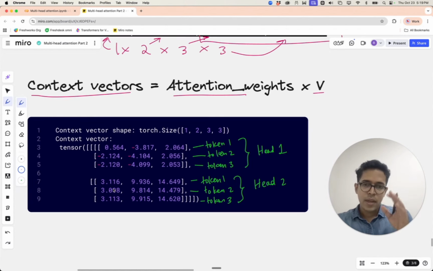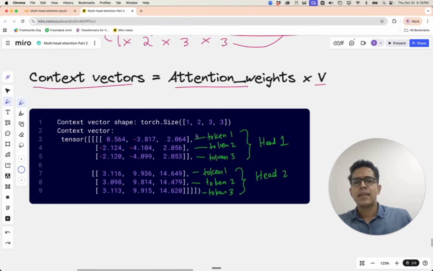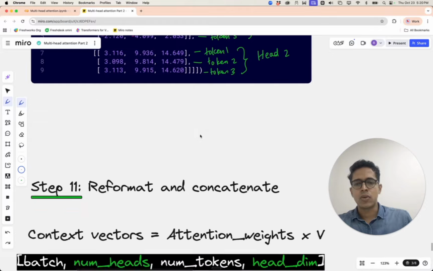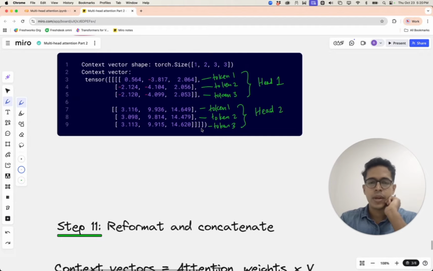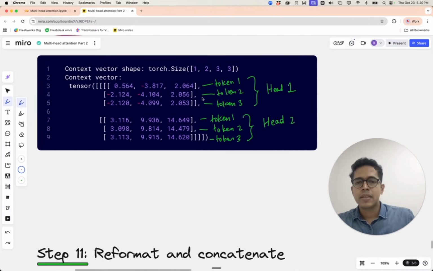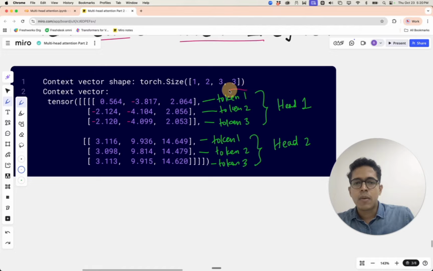Now, we are pretty much ready. So far, no for loop was used, right? Everything happened through tensor operation. Now we just need to perform concatenation. And that's also basically reshaping. So first of all, how do we have to reshape? We have to reshape such that token number 1 over here and token number 1 will get concatenated along the row dimension, correct?